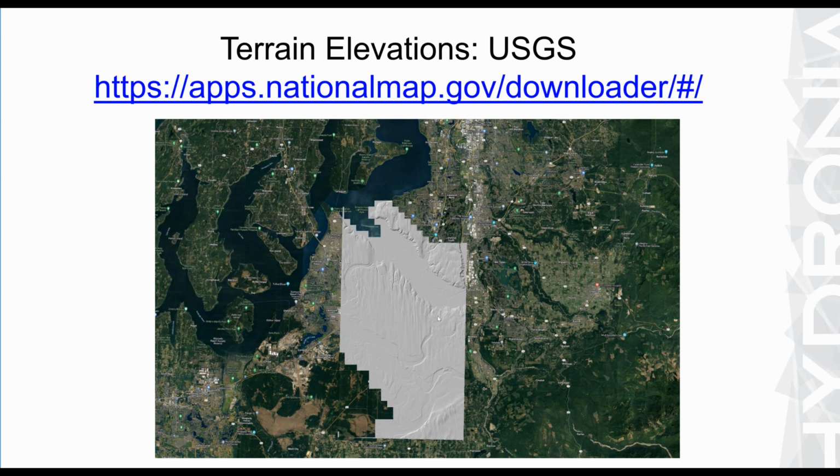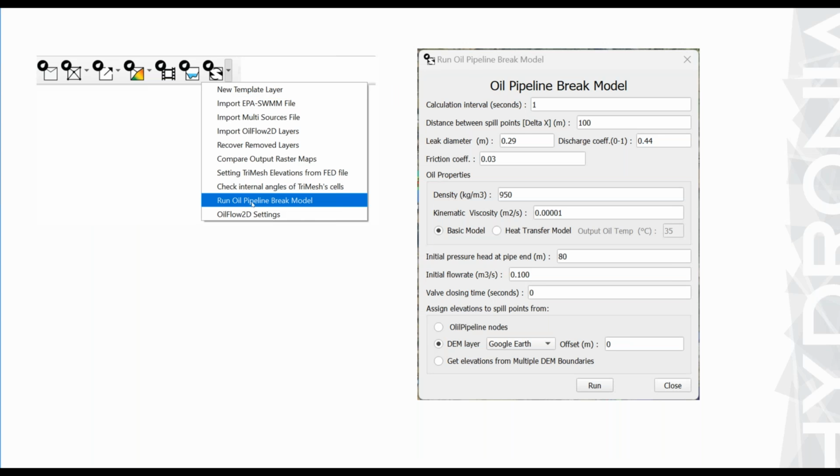I will show you in this demonstration how it's centered. But there is a pipeline, again a hypothetical pipeline coming here, and then based on that location, I run the oil pipeline break model and enter the data.